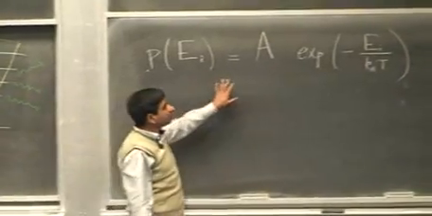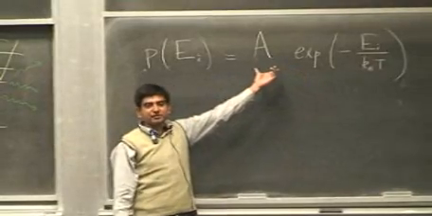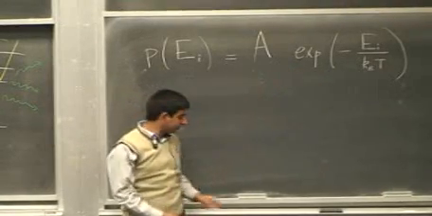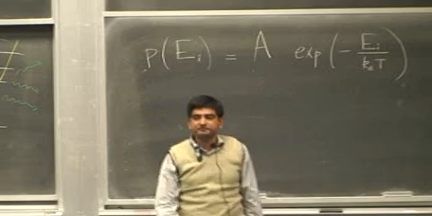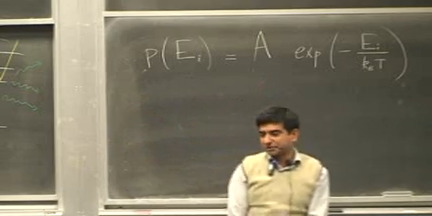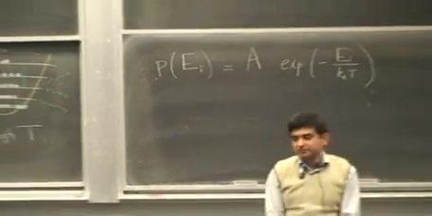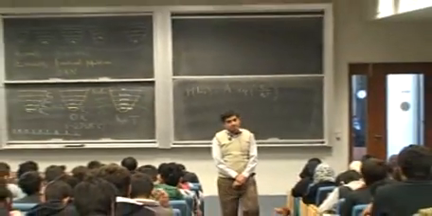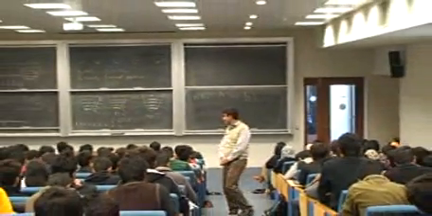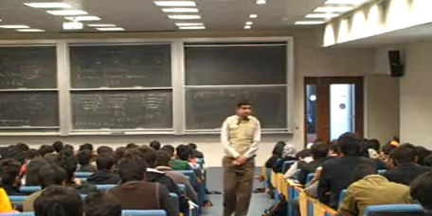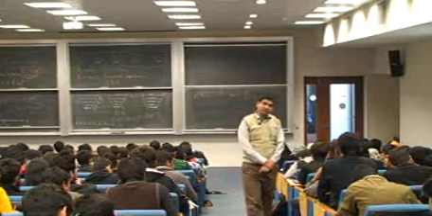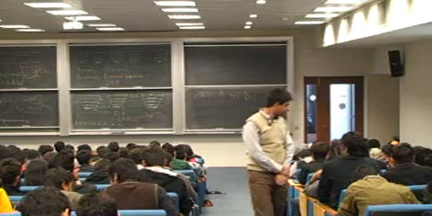Because I talked about proportionality, so there has to be a constant of proportionality. Could you tell me what this constant of proportionality has to be? Could you find this constant of proportionality for me? And we can introduce the energy level finite. Finite, infinite doesn't matter.